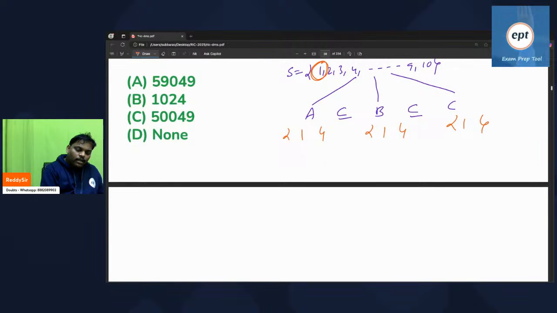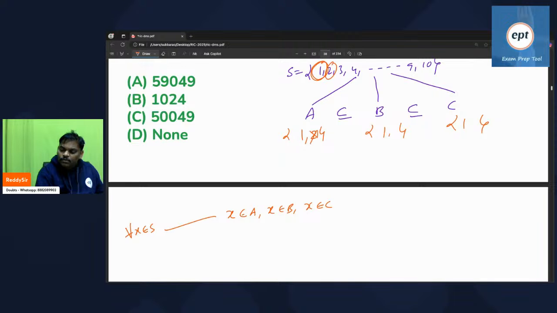So for all x belonging to S, the first possibility is x belongs to A, x belongs to B, x belongs to C. No problem. And one more interesting thing: if you take the next element 2, and 2 is not there in every set, still no problem. Then also you don't have a problem.